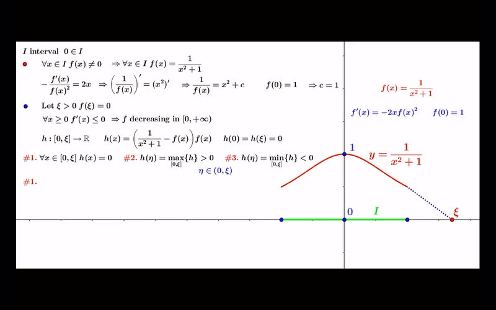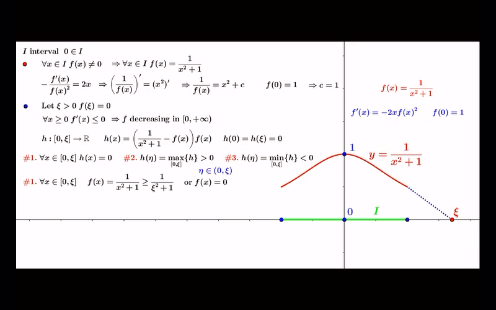First case, for every x in the closed interval from 0 to ξ, either f(x) = 1/(x²+1) ≥ 1/(ξ²+1), or f(x) = 0.